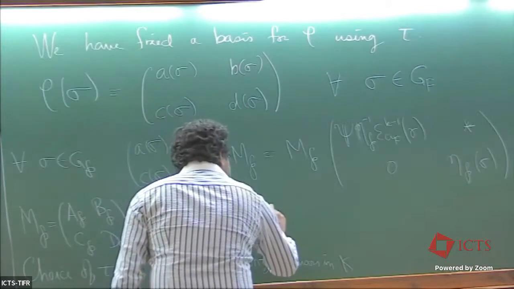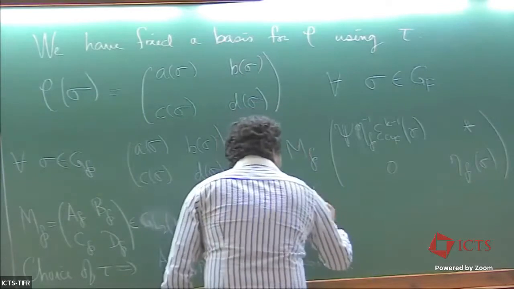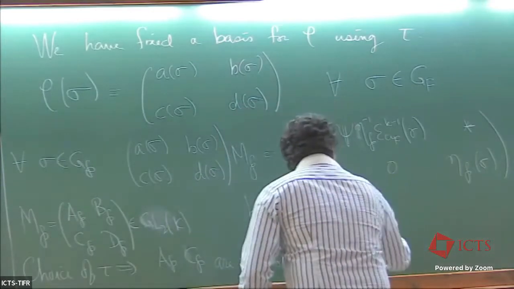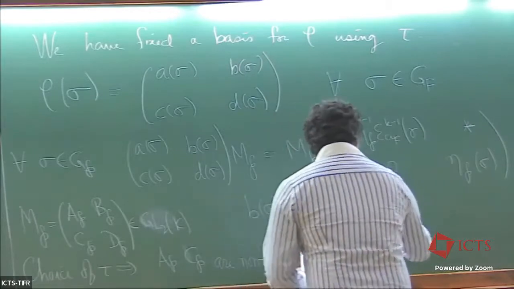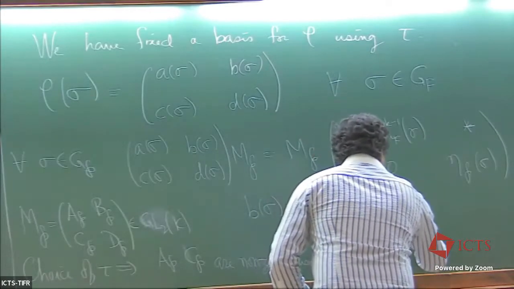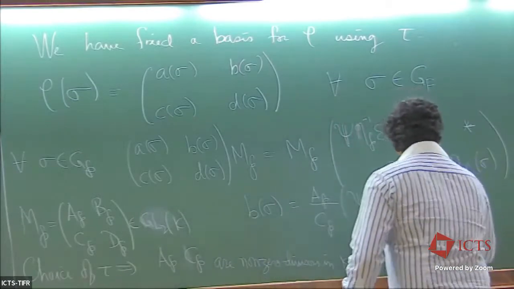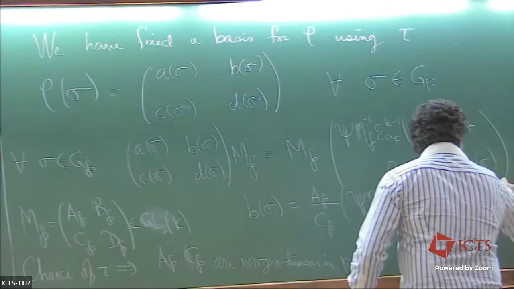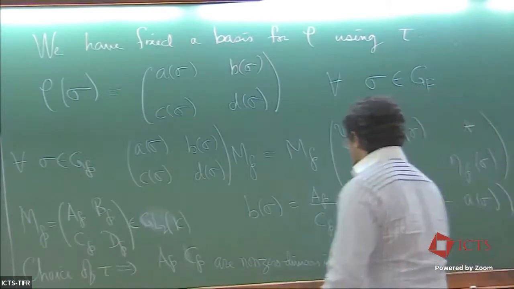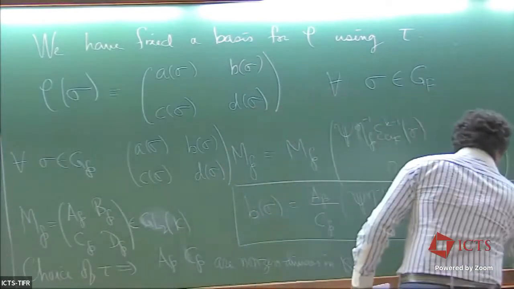So B of sigma, this is the expression that I want to keep here, minus A of sigma.